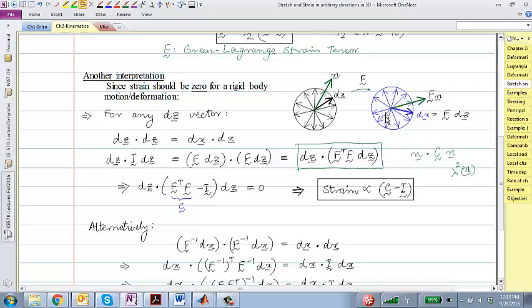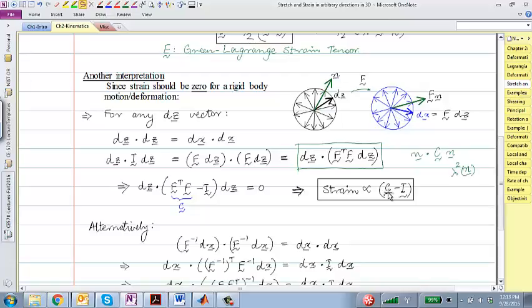It can be translation, no strain. Rotation and translation, no strain. But if there is deformation, then this quantity would not be 0. Then this black sphere of undeformed vectors would not go to a blue sphere of deformed vectors, it would go to a blue ellipsoid of deformed tangent vectors.